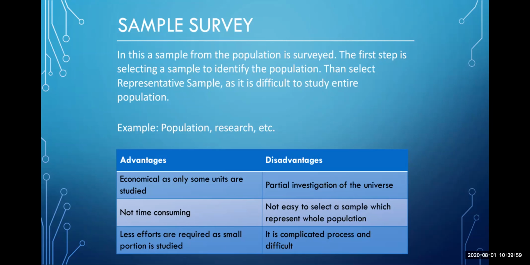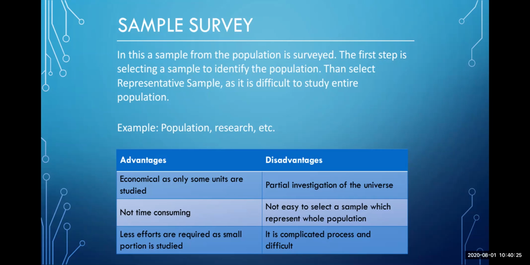So sometimes the data which are collected might not be completely accurate. Second disadvantage is that it is not easy to select a sample which represents the whole population, because it is not necessary that what I feel for that product everybody else would feel the same, because every individual is different.